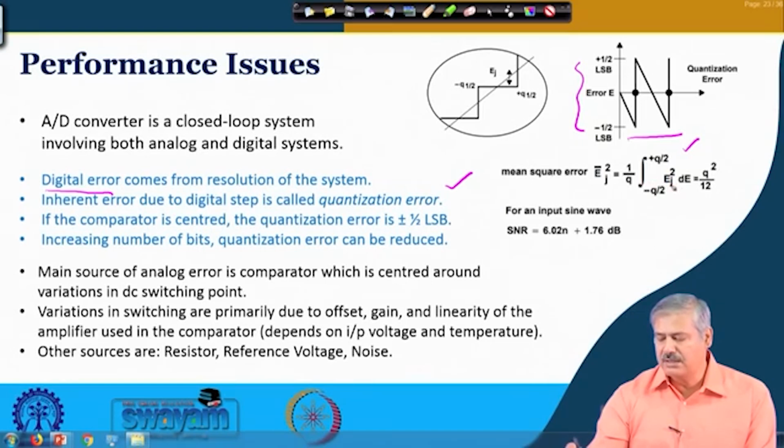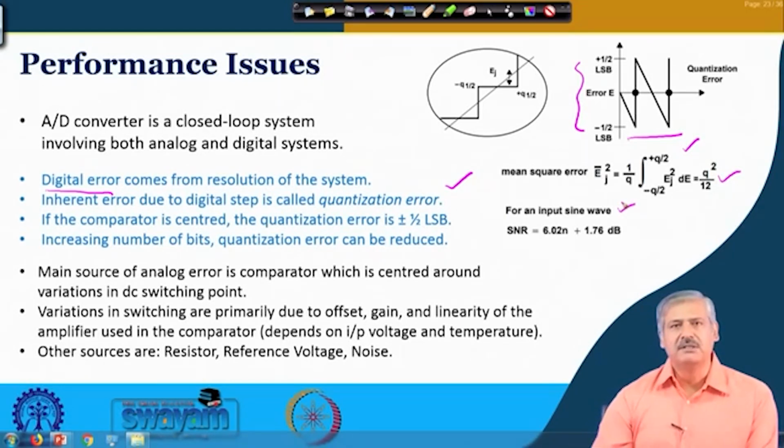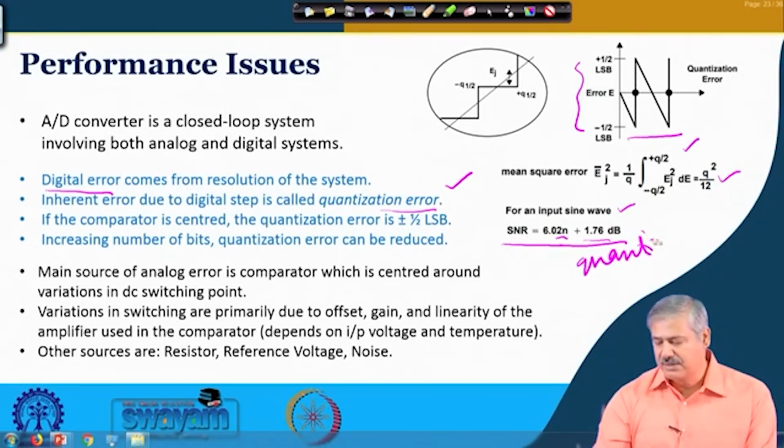This is the integral of e square de, and all of them are equally probable. So, the probability of this occurring is 1, and if you integrate, then you can see that it is q square by 12. And if the input is a sine wave, then the corresponding signal to noise ratio for such an ADC can be calculated as 6.02 into n, where n is the number of bits, plus a constant, which is often neglected. So, the more the number of bits, the more the signal to noise ratio. Noise here is related to quantization error, also called quantization noise.